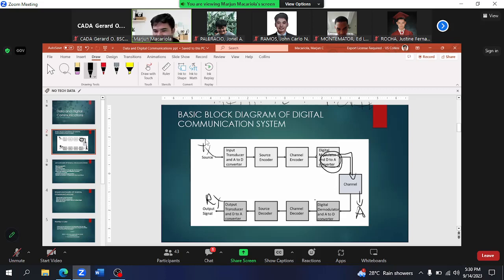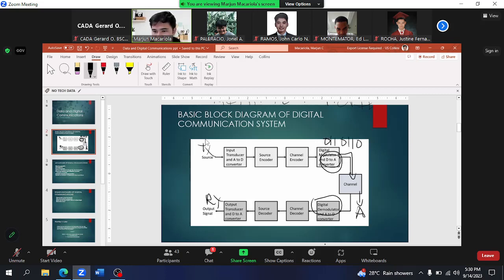And then, ang output niya ay analog. So nakita nyo, nagkaroon tayo ng digital demodulator and analog to digital converter. Ang output ay analog, then the digital demodulator, and in this process, the analog signal will then be converted again into a digital signal. So kanina, 'di ba, meron tayong output dito na 0110110.